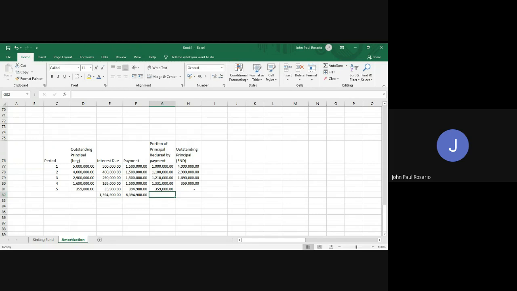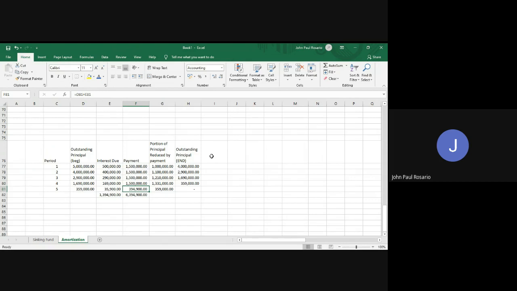With that, the principal becomes zero. So meaning, under that scheme you agreed on, the final payment will be 394,900, which includes 35,900 for the interest and 359,000 for the outstanding principal.